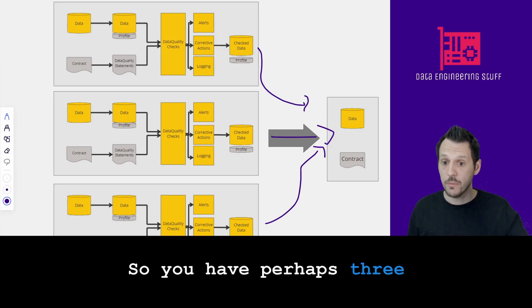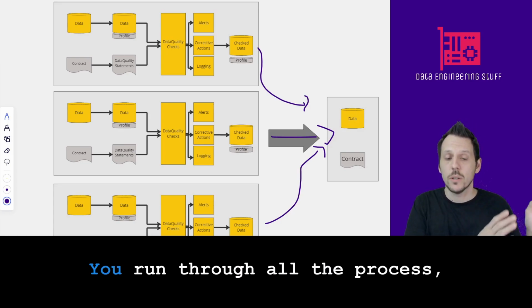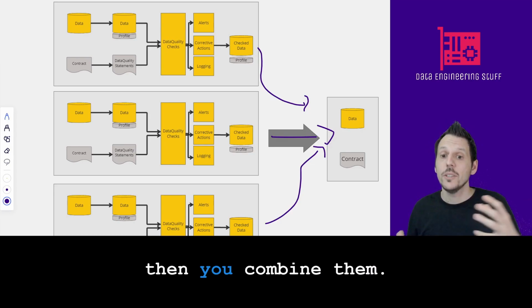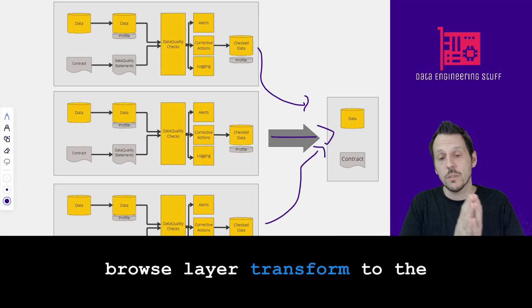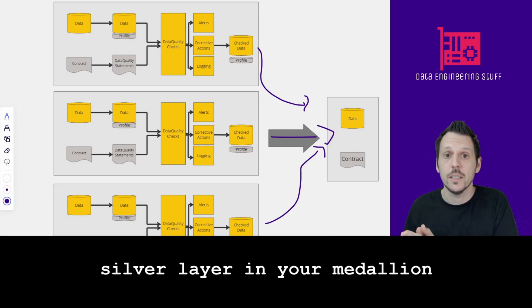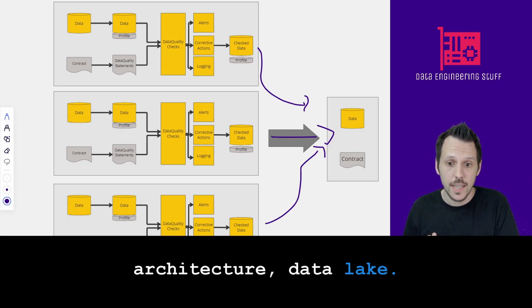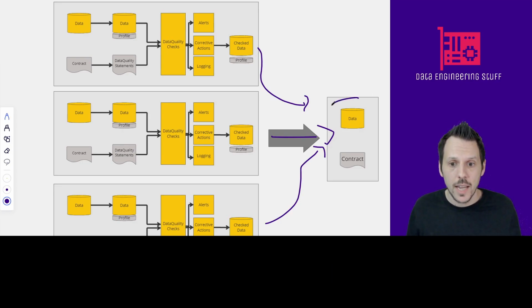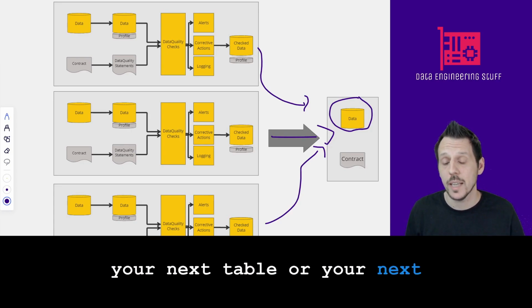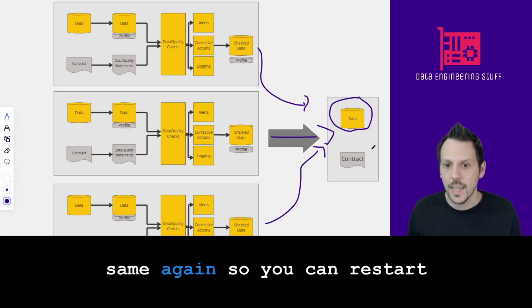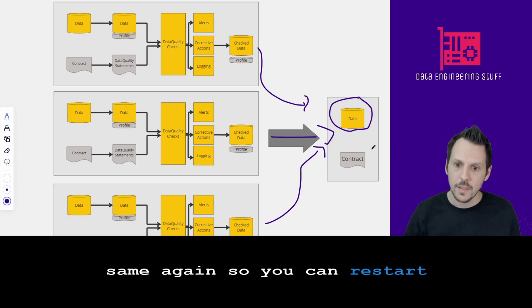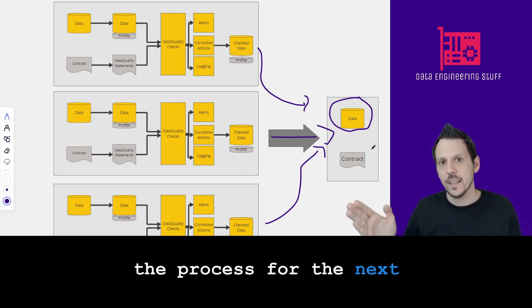So you have perhaps 3 source systems. You run through all the process, then you combine them. Perhaps you are now going from the bronze layer to the silver layer in your medallion architecture data lake, and then you get your next table or your next database, and then you can do the same again. So you can restart the process for the next iteration.